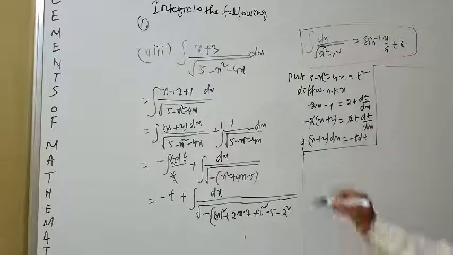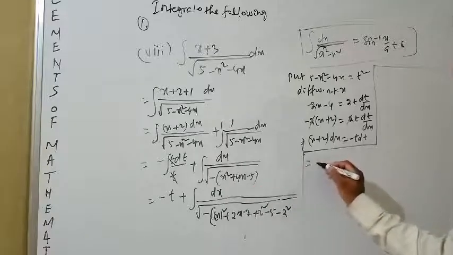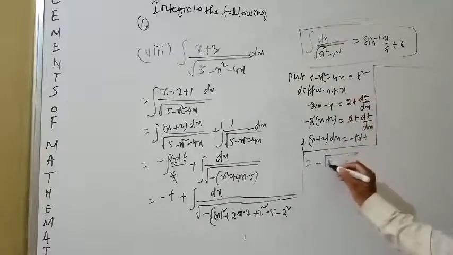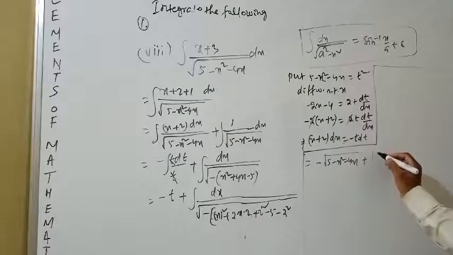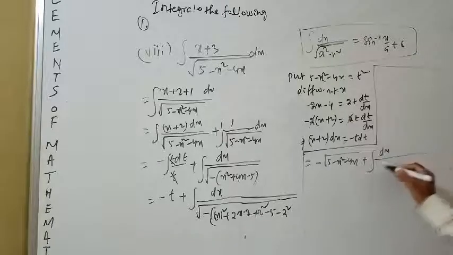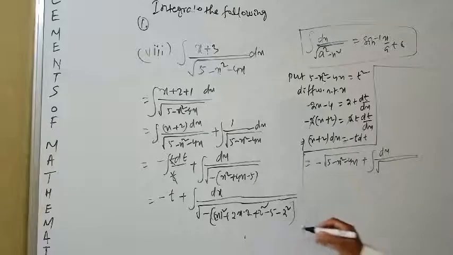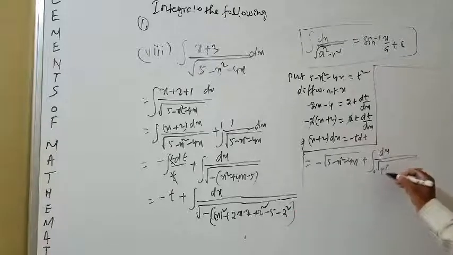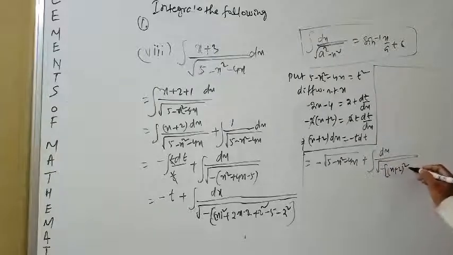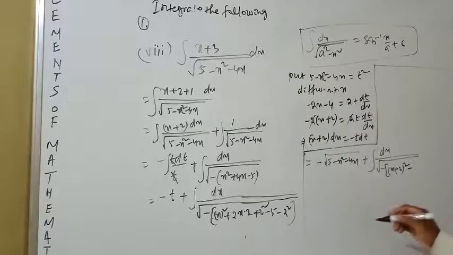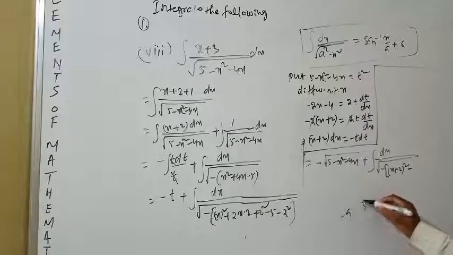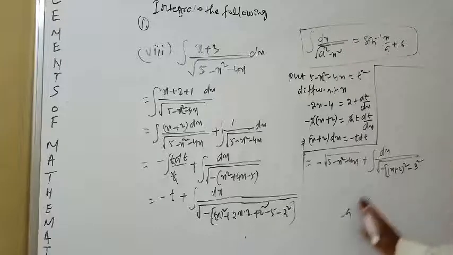Is equal to minus t, that is minus root over 5 minus x square minus 4x, plus integration of dx by root over minus x plus 2 whole square. Minus 5 minus 2 square, that is minus 4, here minus 5, minus 9. Minus 9 I can write as 3 square.